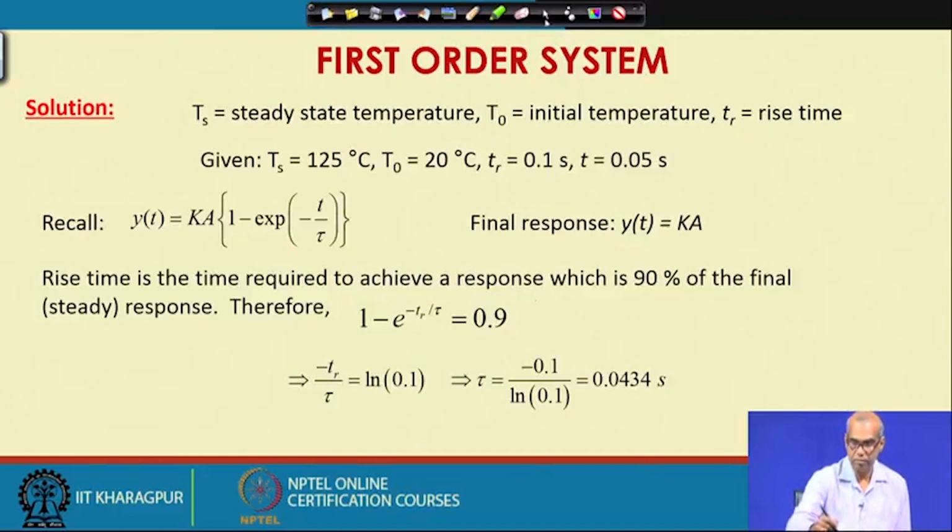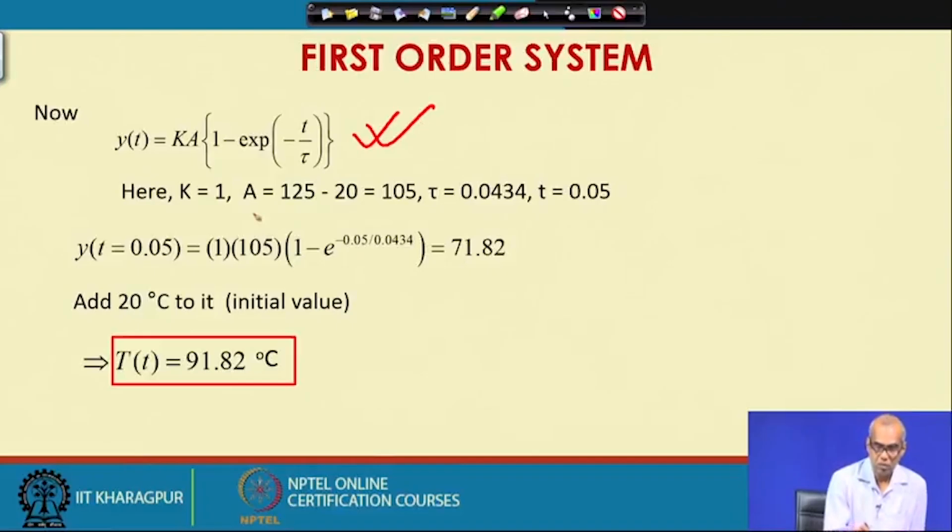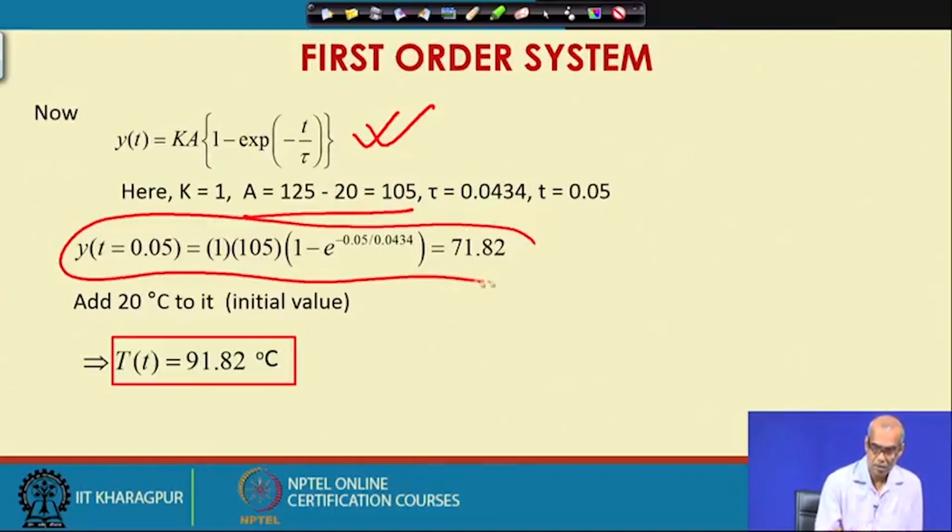Once you have tau, you put the value of tau in this equation with a equal to 105, and you will get the response at time t equal to 0.05 second.